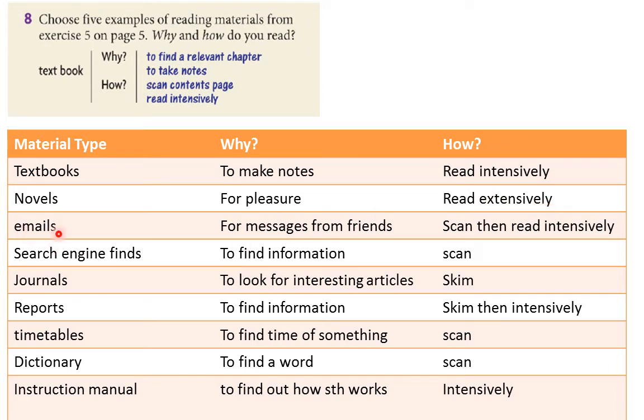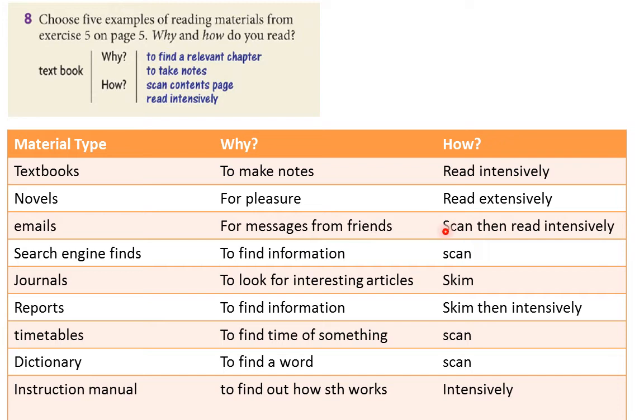Reading emails is different. The purpose is different from person to person. Sometimes we read emails for messages from friends. So we are waiting for a message from a friend.